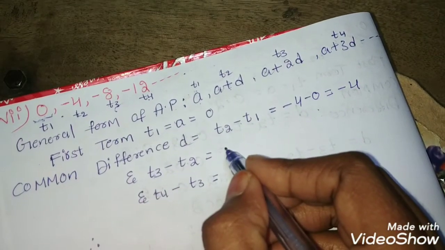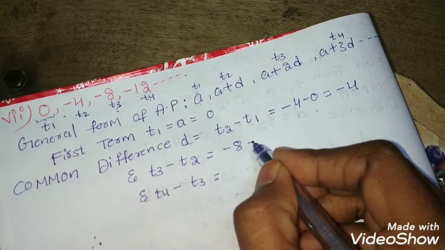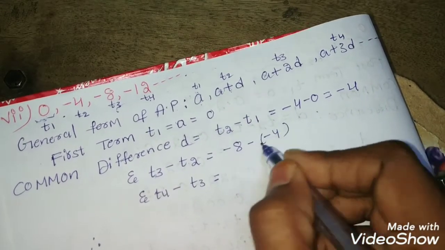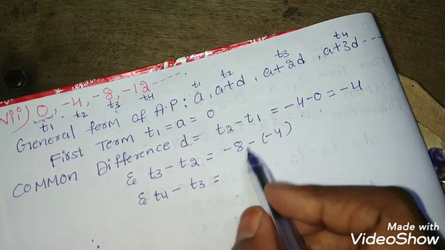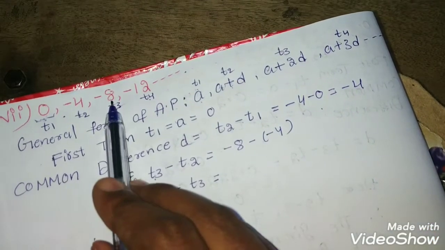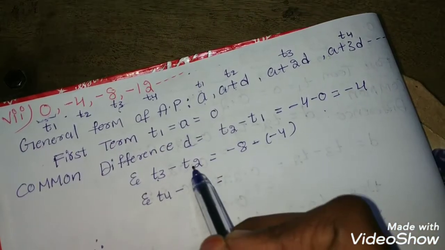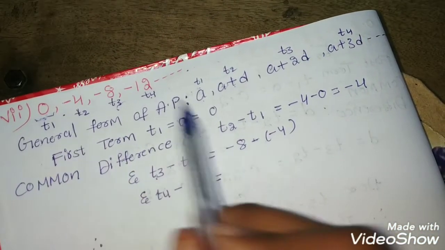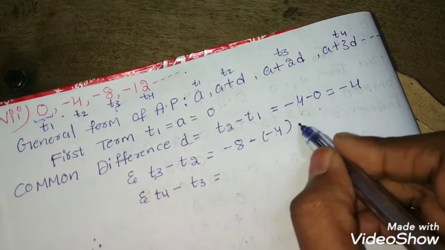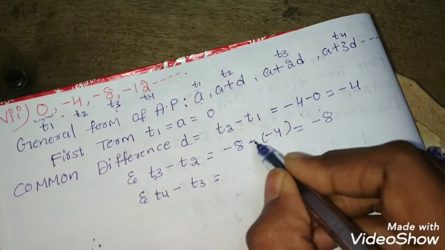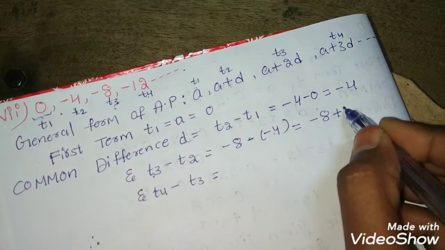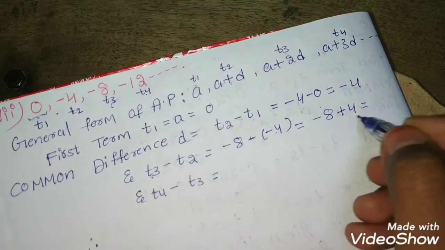So what is t3? Minus 8 minus of minus 4. Why, ma'am, did you keep it like this? See, t3 is minus 8, so I keep minus here. And t2 is minus 4, so I keep it like this: minus 8 minus into minus plus 4. Right? So what is the answer here?